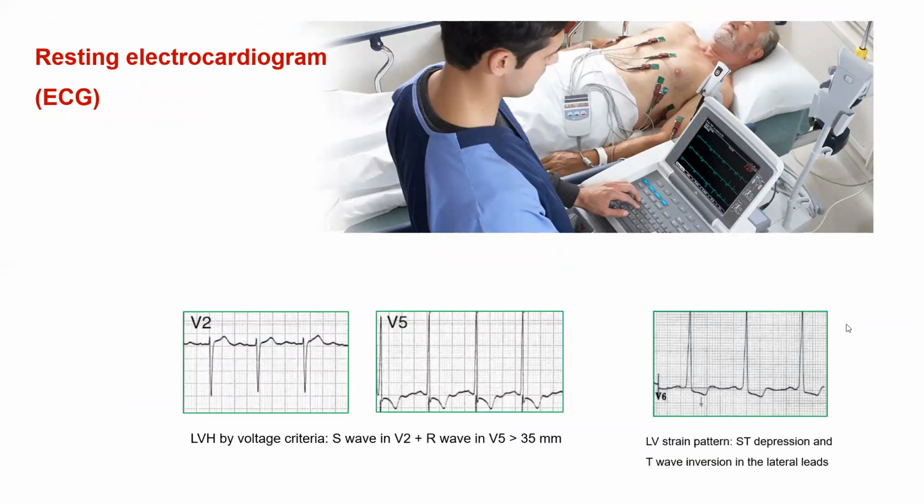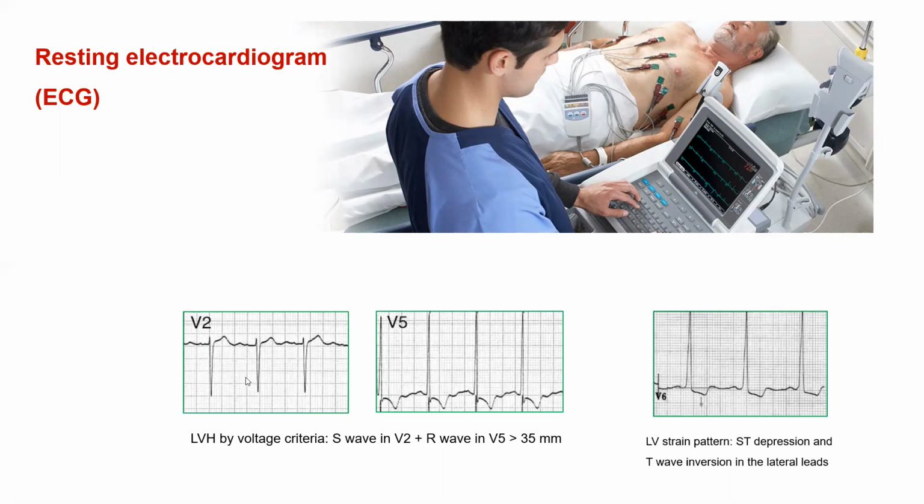Resting ECG is necessary and mandatory for all patients with hypertension. We check the signs of left ventricular hypertrophy. Left ventricular hypertrophy can be confirmed by measurement of voltage amplitude, voltage criteria.